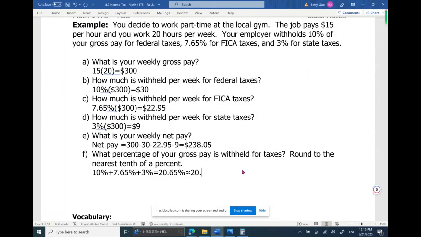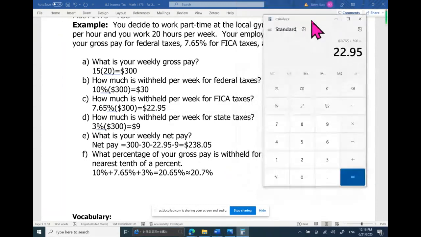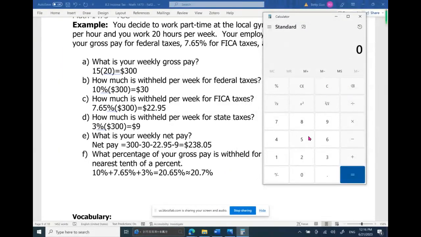Rounded to the nearest tenth means keep one decimal place. We can also find that percentage by doing this: gross pay 300 minus net pay 238.05, and that's the total tax you pay, right? Divide that by your gross income 300. Same thing, 20.65%. Rounded to the nearest tenth, 20.7%.